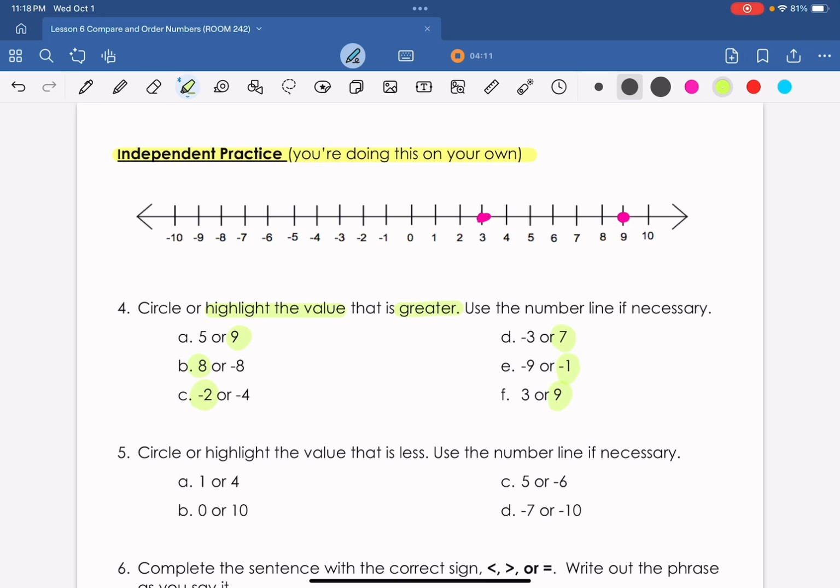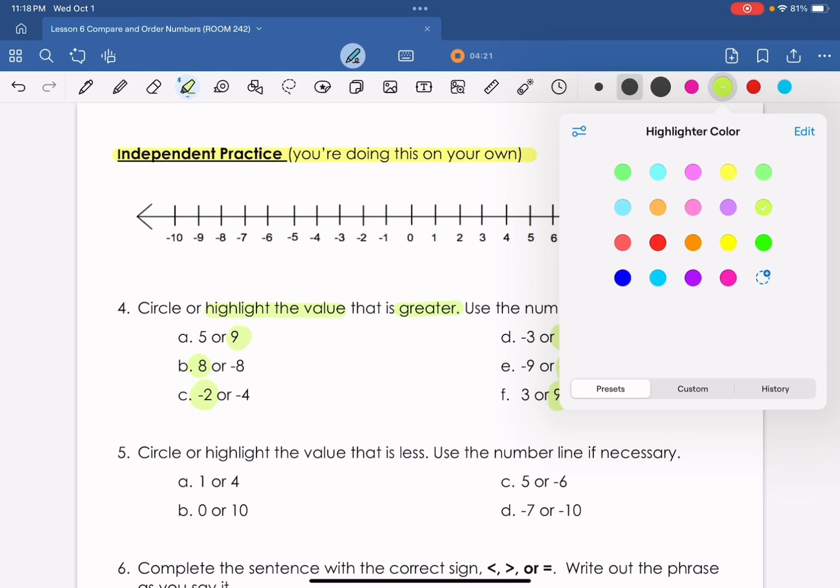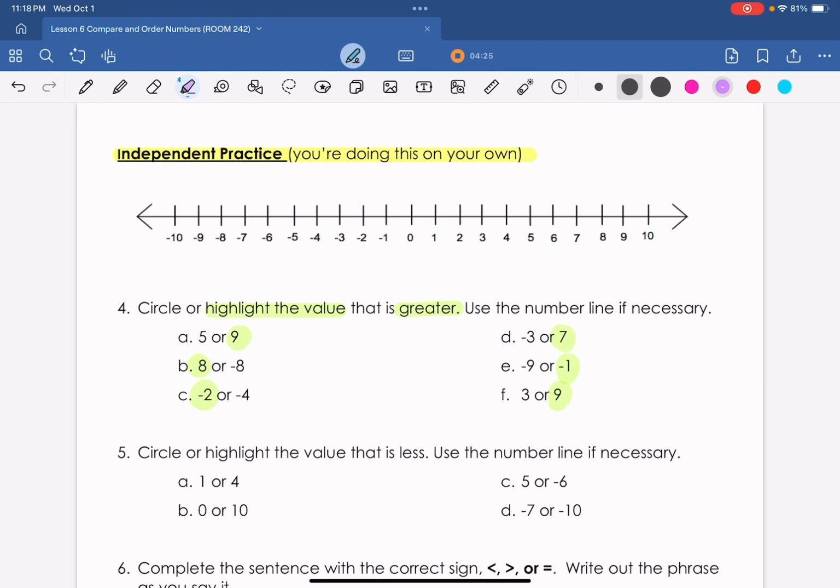Okay. So the next section, though, wanted you to do the opposite, right? So they wanted you to find, let's do purple. They wanted you to circle the value that is less. So they didn't want you to do greater this time. They wanted you to do less than, which means you need to go further away from 0 or further to the left.